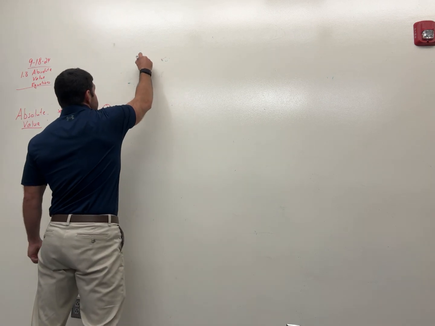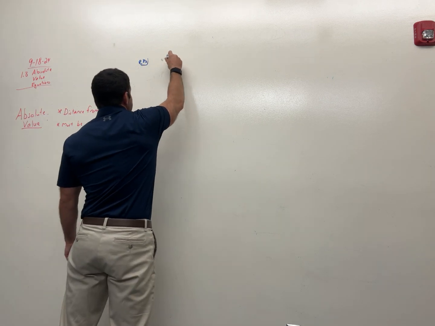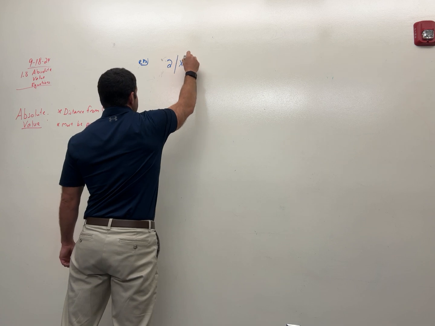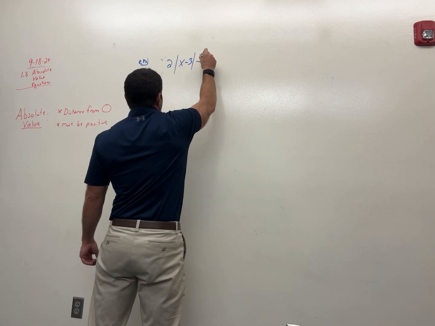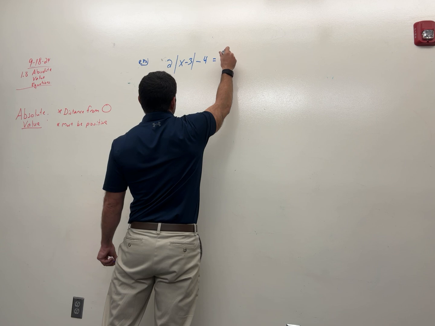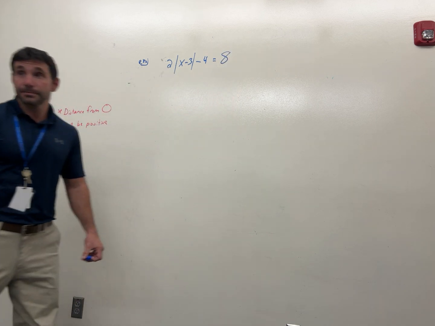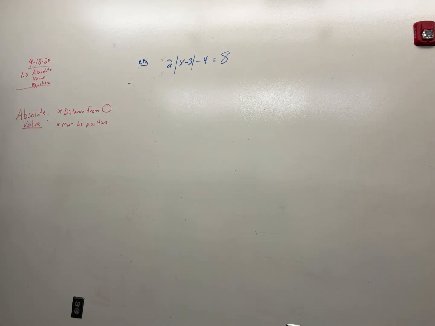Let's go example 2. 2, absolute value of x minus 3, absolute value minus 4 equals 8. So let's start on a new page so you can copy this down.